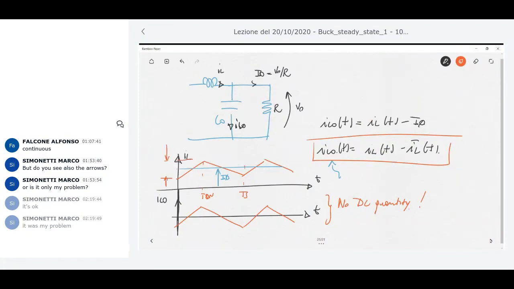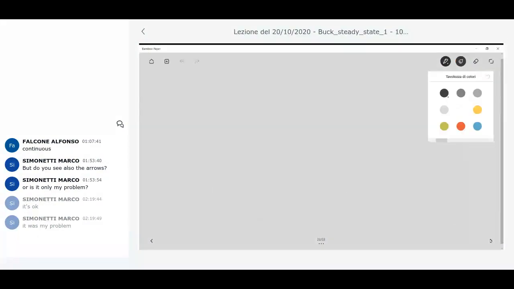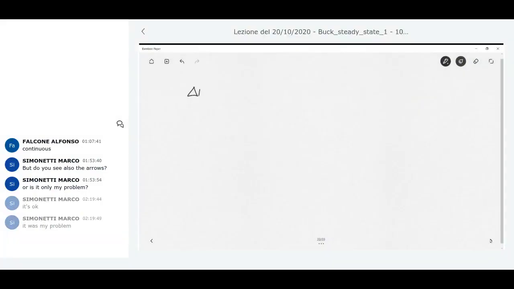This quantity can be called delta IL, and this variation is the same that you can have here, delta IL. The period is this one, but the current through the output capacitor is given by this. Remember that delta IL is the difference between the maximum current minus the minimum current across the inductor.